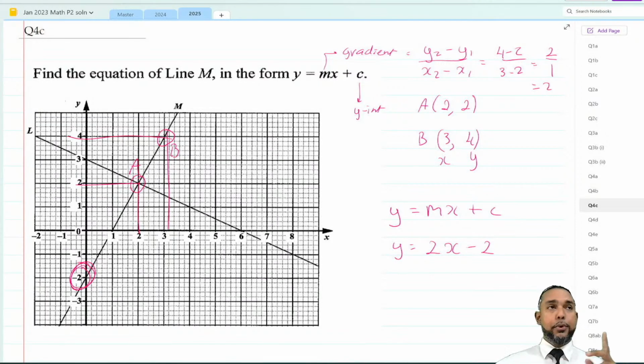We okay with that one? Any questions? So all we have to do is find the gradient and use that in conjunction with the information we had from part A, which was the y-intercept. So we didn't need to go the whole route of finding the value in the conventional sense.